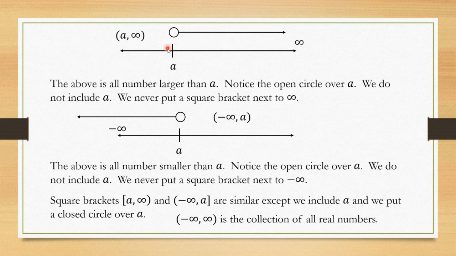This is how we graph the interval as well. Notice that we have an open circle above a. We're not including a. That's what these parentheses tell us. Also, we never put a square bracket around infinity or minus infinity, because they're not numbers. It doesn't make sense to do that.